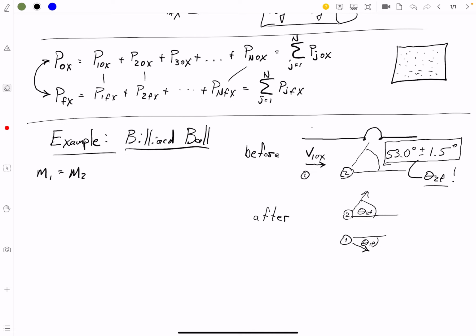We know that our V1 naught in the x direction is equal to 2.0 meters per second. We know that V1 final, but not in the x or y direction, is equal to 1.6 meters per second. So we know those two things.